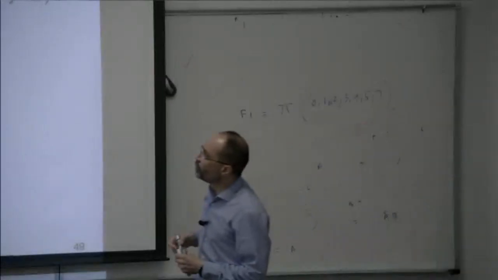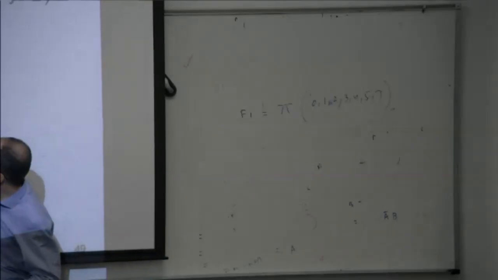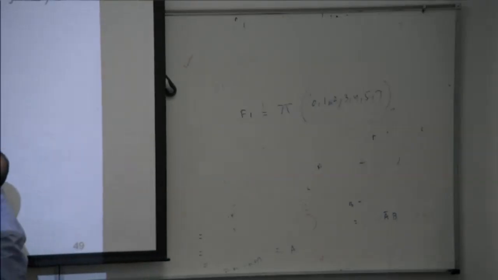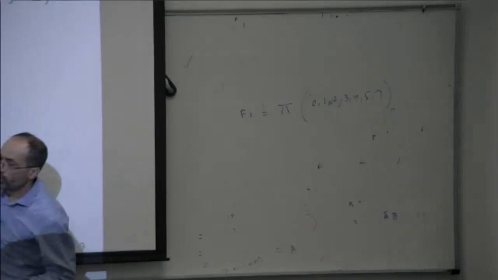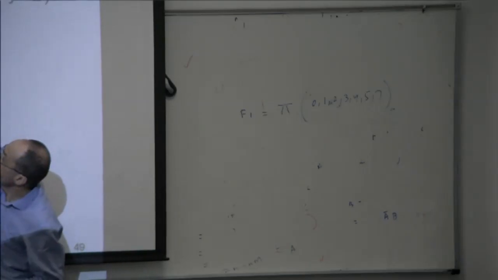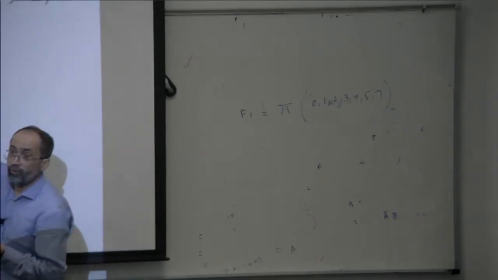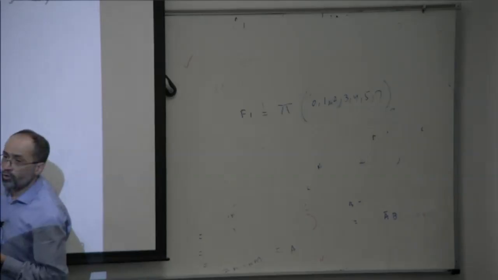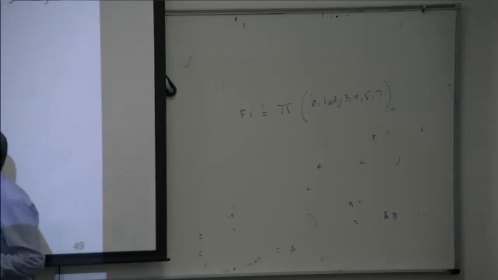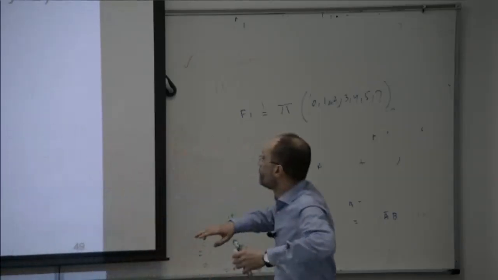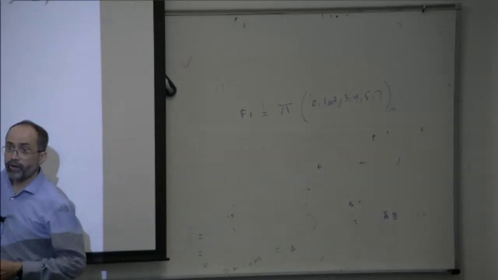Got it? And what about F2? How many zeros? 1, 2, 3. So 0, 2, and 3. Can you see? Then for F3, how many zeros? 0, 2, 4, and 6. Can you see here? Now we want to find M0, M1, and M2.